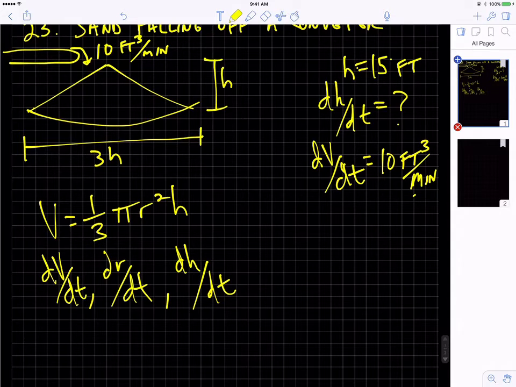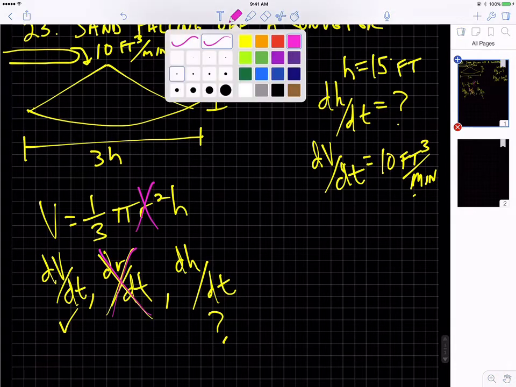We know dv dt, and we're looking for dh dt. We can't have a dr dt, so we can't really have r in our equation. We have to rewrite it so we can substitute for r and express our volume all in terms of h. So we're going to go ahead and do that.